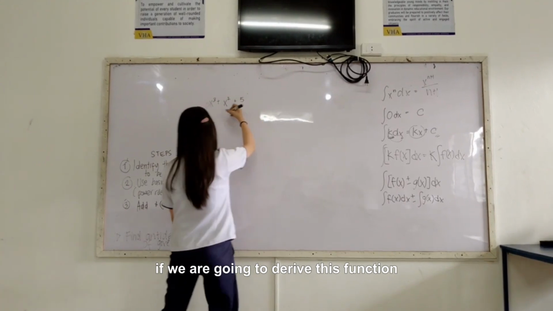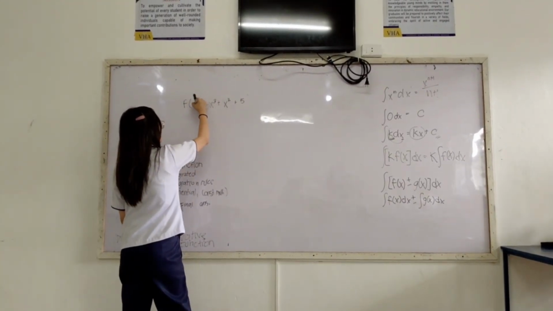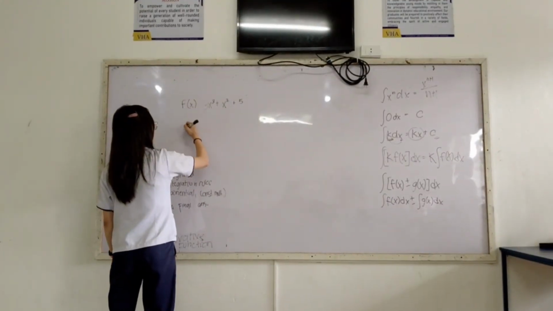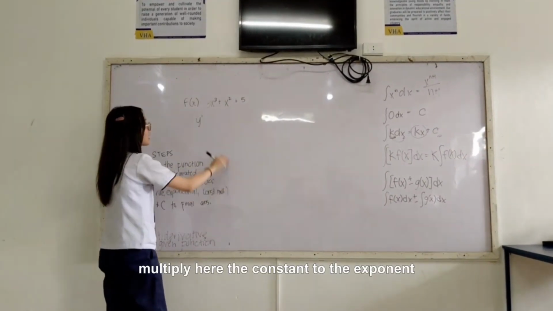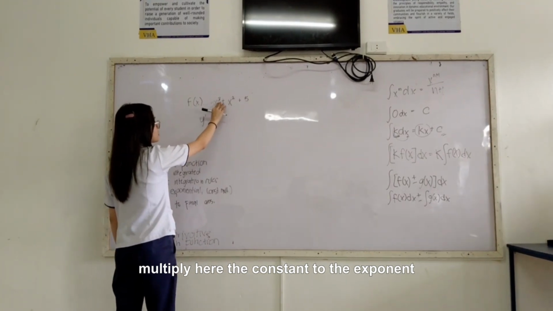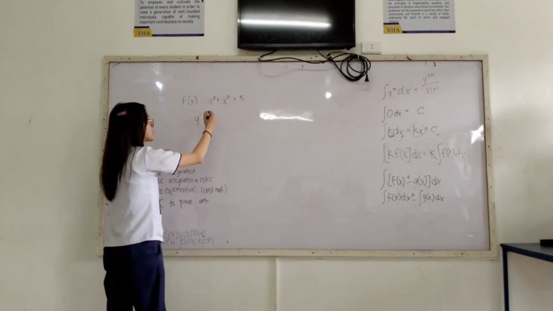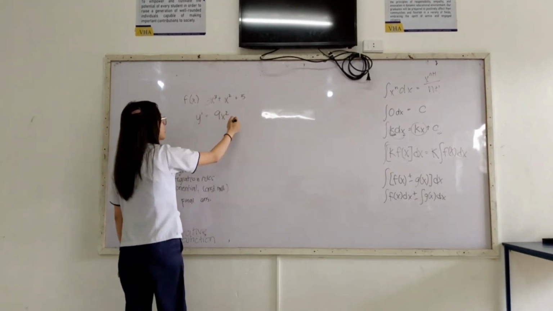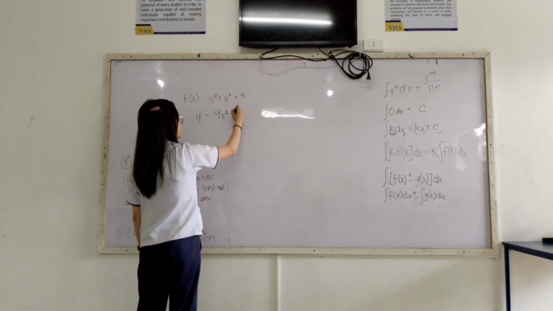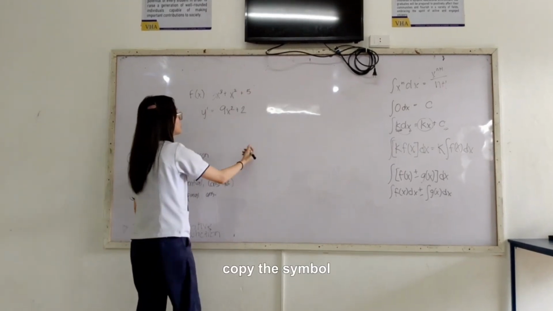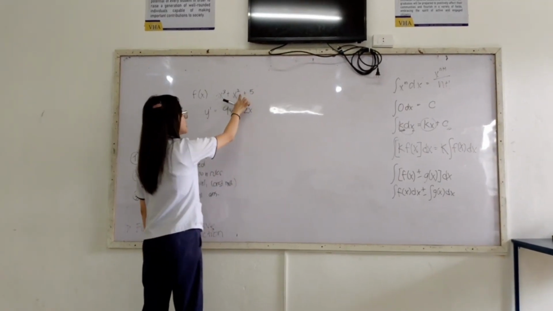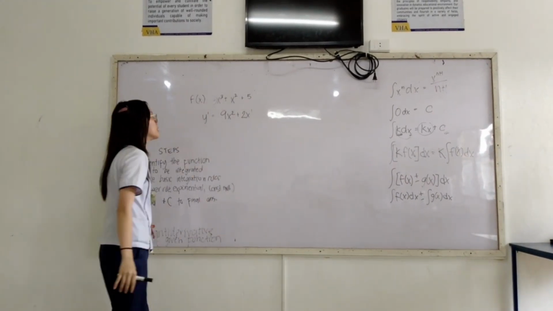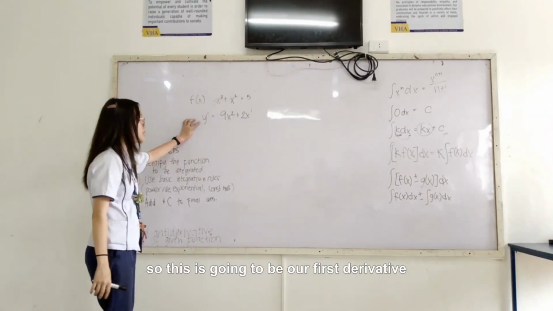If we are going to derive this function to its first derivative, we are going to multiply the constant to the exponent. 3 times 3 is 9, and minus 1 to the exponent, that will be 2. 1 times 2 is 2. Copy the symbol. 2 minus 1 is 1, and we are not going to copy the variable anymore. So this is going to be our first derivative, right?